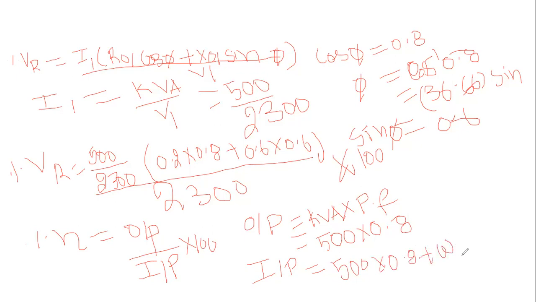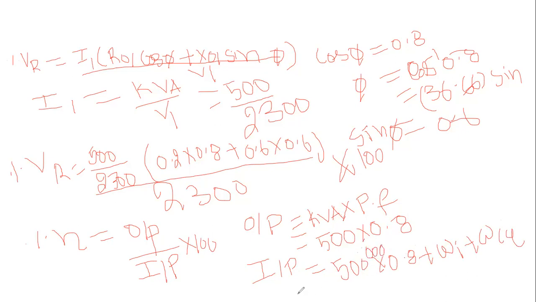That is W iron losses plus W copper losses. K means 1000, so in the output we obtain three zeros.